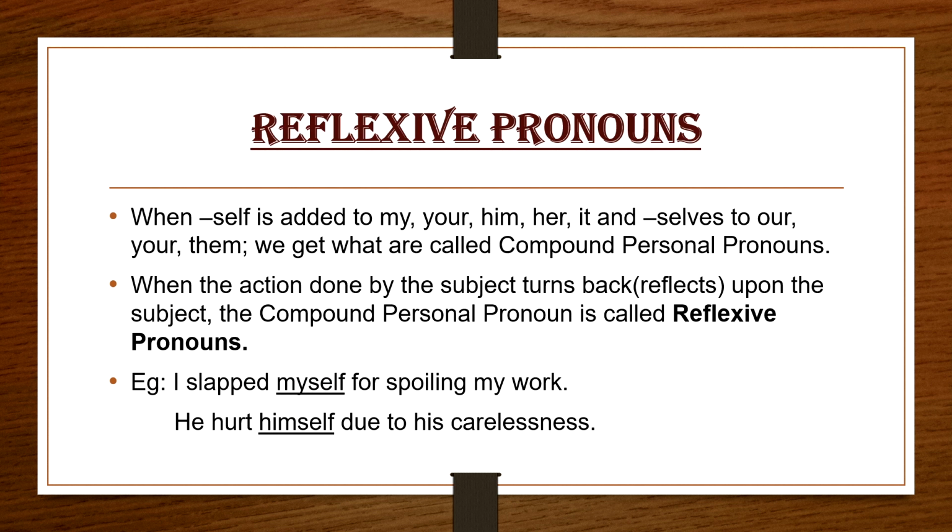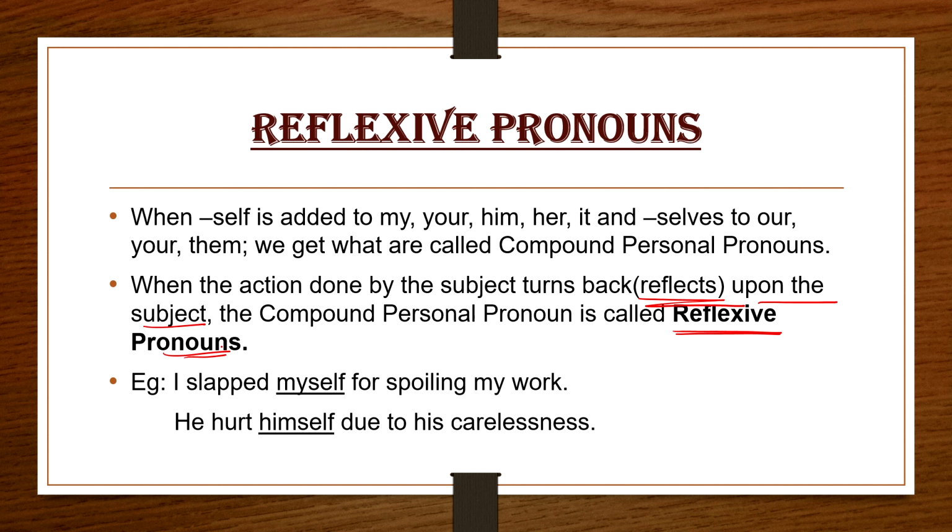Moving on, reflexive pronouns. When self is added to my, your, him, her, it and selves is added to your, them, our, then we get what are called compound personal pronouns. So, when the action done by the subject turns back, basically reflects upon the subject, the compound personal pronoun is called a reflexive pronoun.